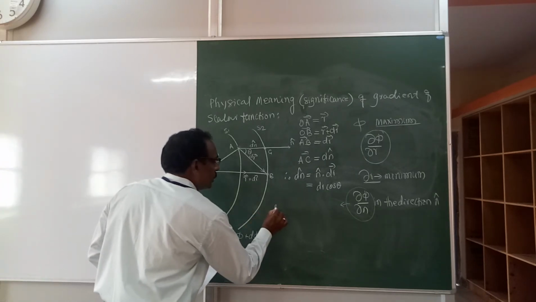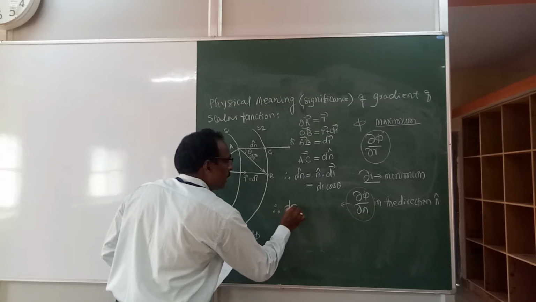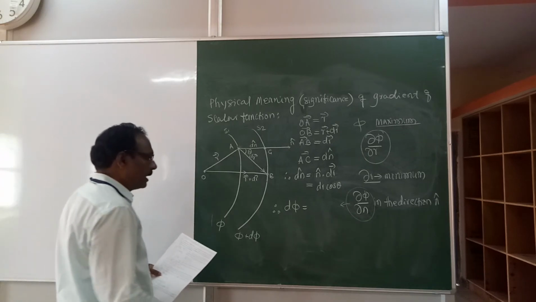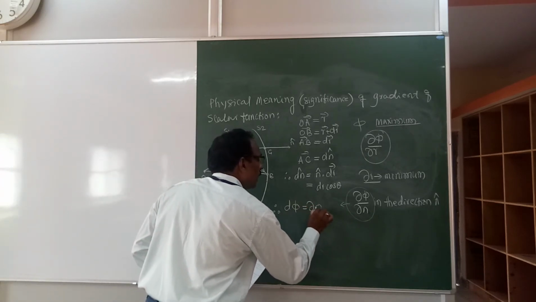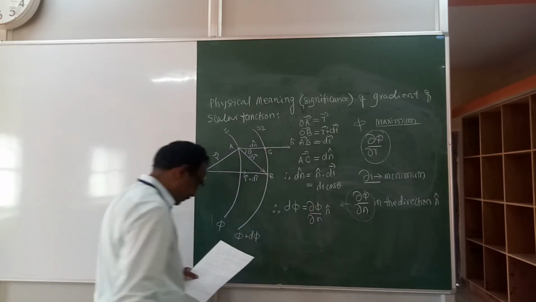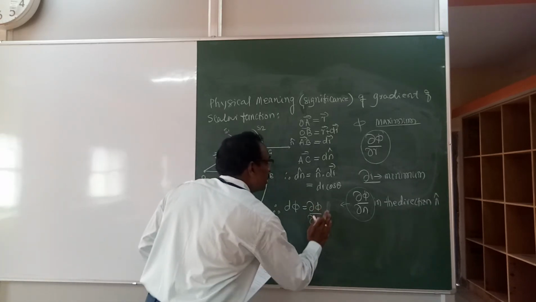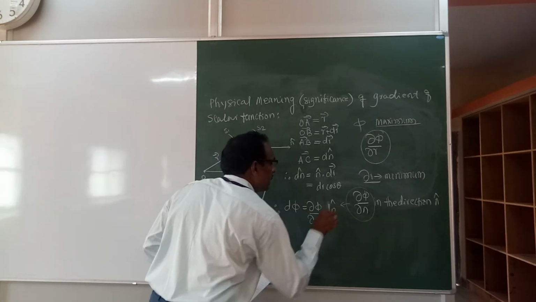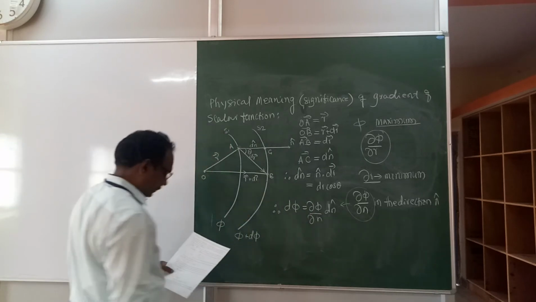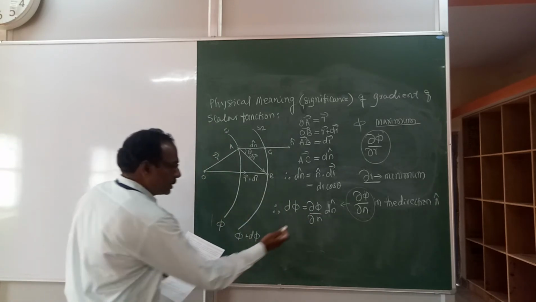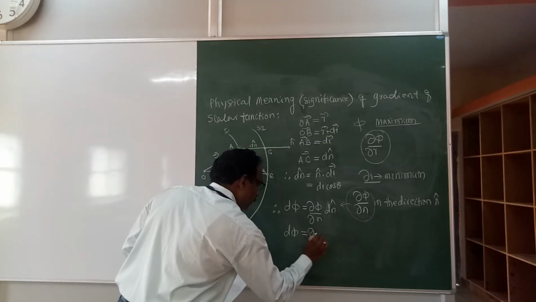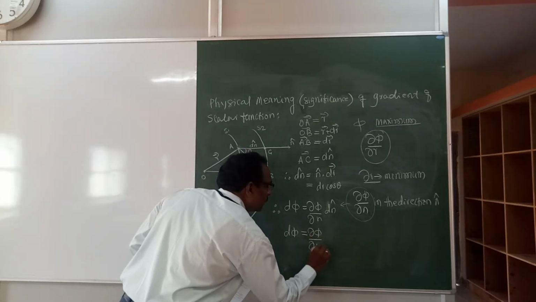So I will write here, d phi, the differential of a scalar function phi, is equal to dou phi by dou n times the unit vector n dn. Now, we got this. I will write d phi is equal to dou phi by dou n times dn.